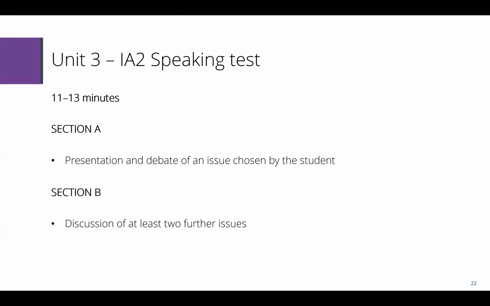If you want to have a look at all the detail, there are some important points here to mention. Unit 3 begins on page 25. Overall, it's 11 to 13 minutes. Section A is the presentation and debate of an issue which the student has chosen, and section B is a discussion of two further issues.